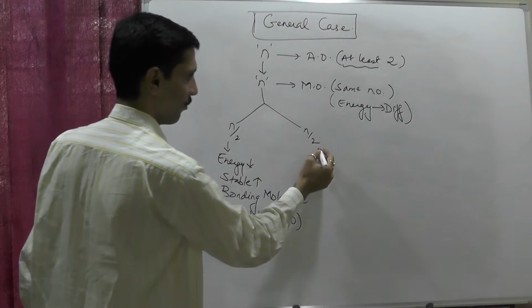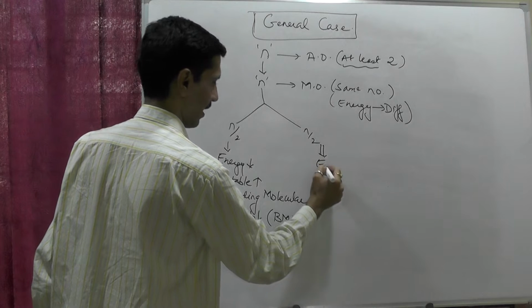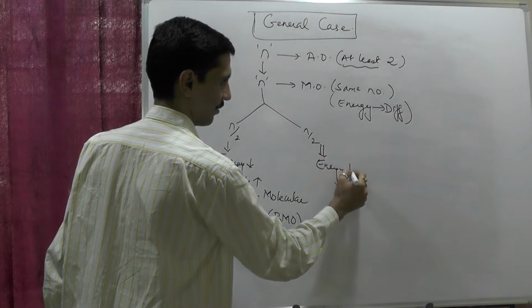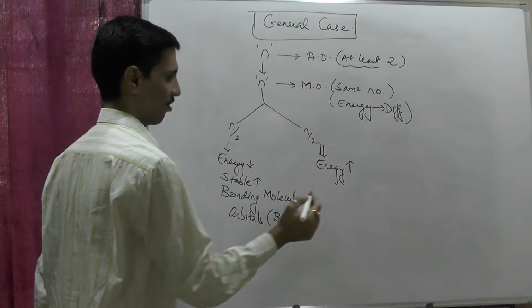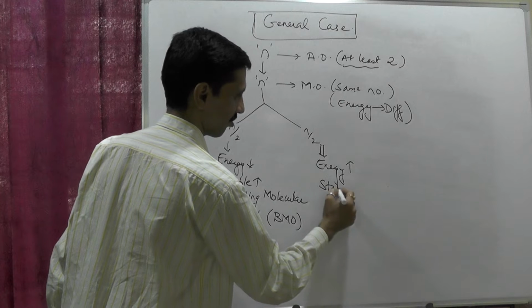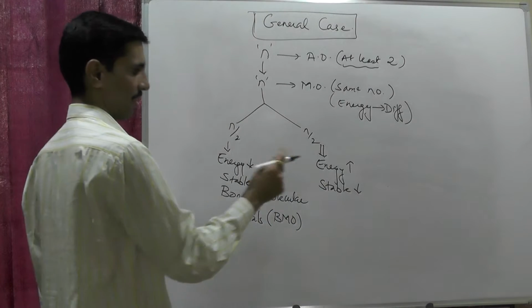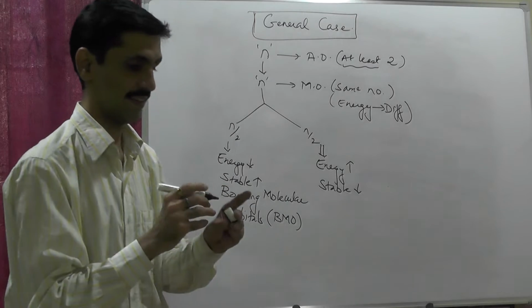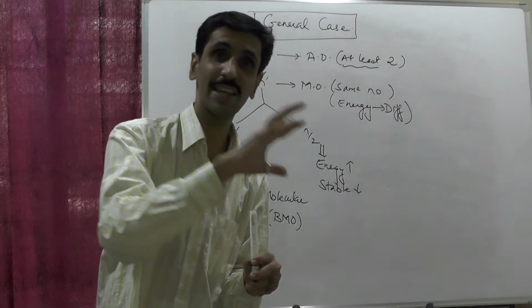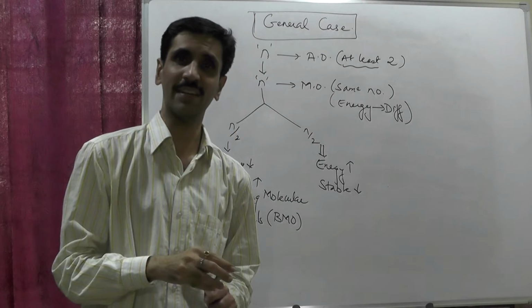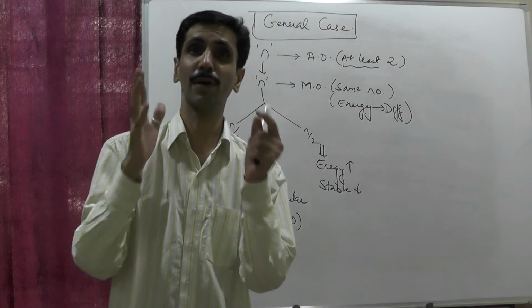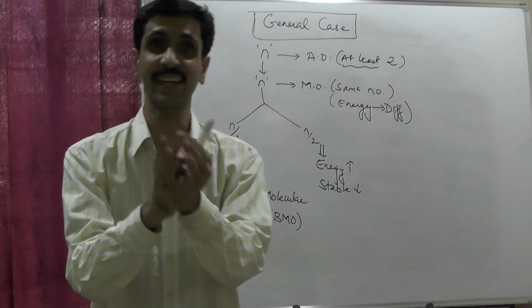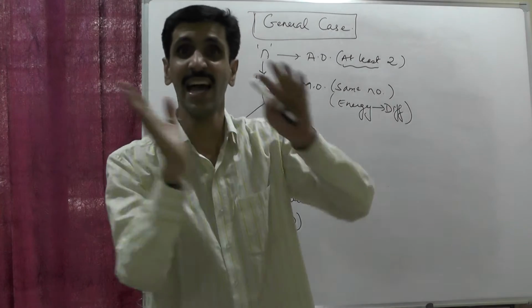The other half will be having a higher energy. If the energy level is higher, then obviously its stability is going to be comparatively less. It's a comparison. So that means this is going against the purpose of bonding, my dear friends, because the purpose of bonding is to go for stability, and this is going against stability.